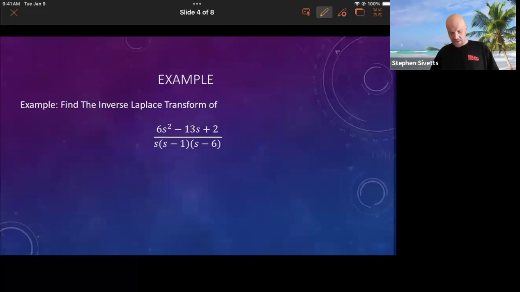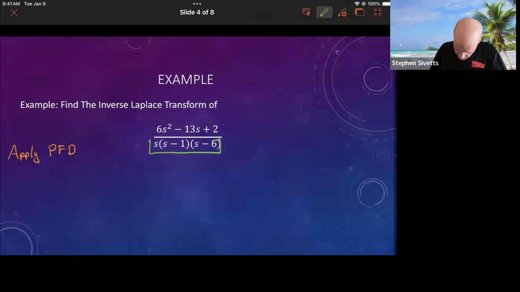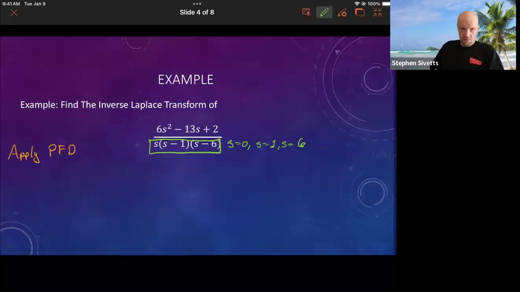If I want to figure out the inverse Laplace transform of this quantity here, what we have to do is apply partial fractions decomposition. Okay. So we know that the denominator has three distinct factors: s equals 0, s equals 1, and s equals 6. Okay. There's no other numbers that are repeating.